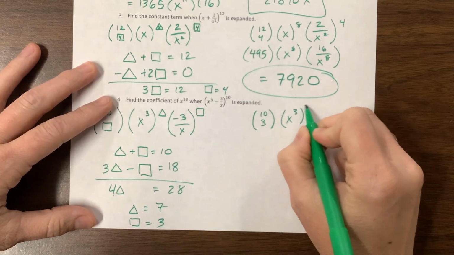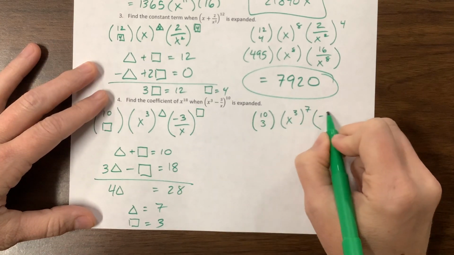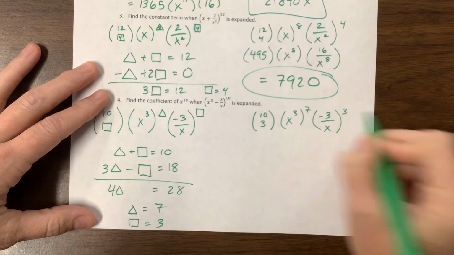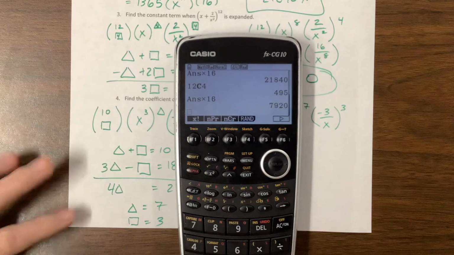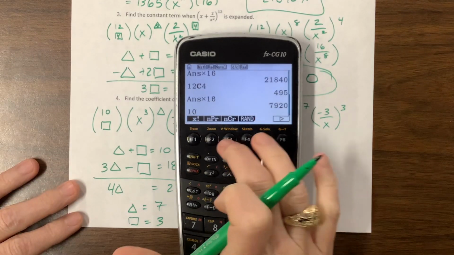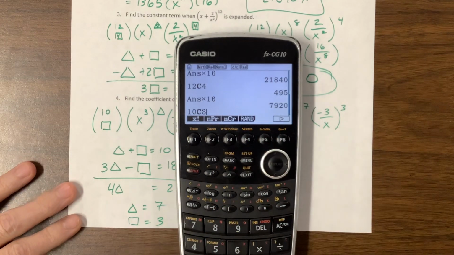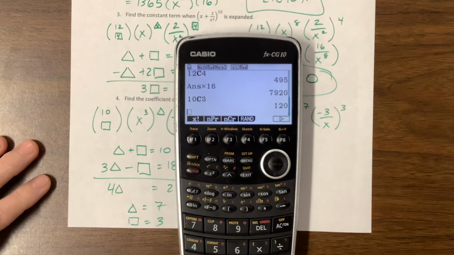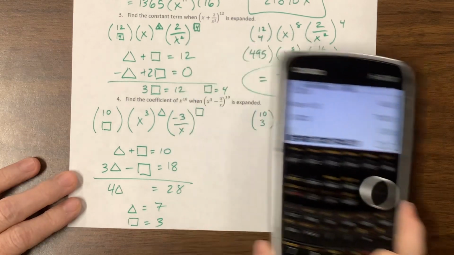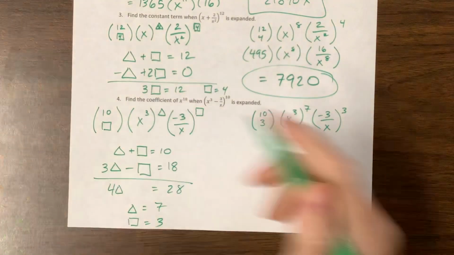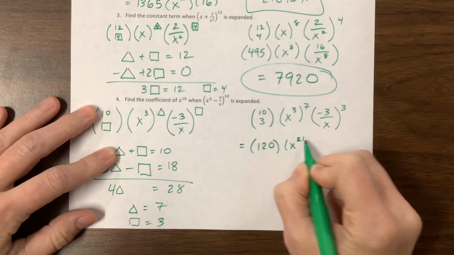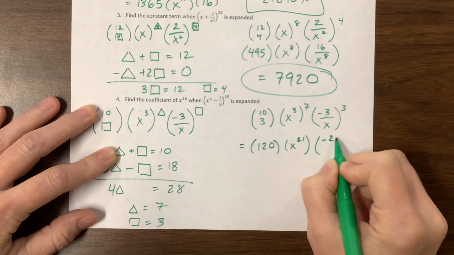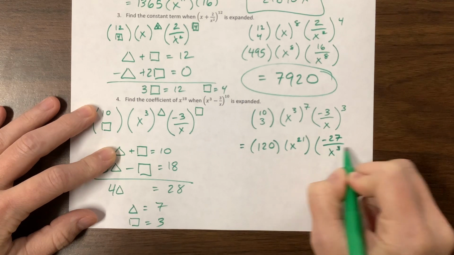Okay, my bad, I digress. The triangle was 7. This is negative 3 over x to the third. Let me pull out my calculator again. 10 choose 3, is that what I wanted? Yes, it was 120. So this would be equal to 120 times x to the 21 times negative 27 over x cubed.